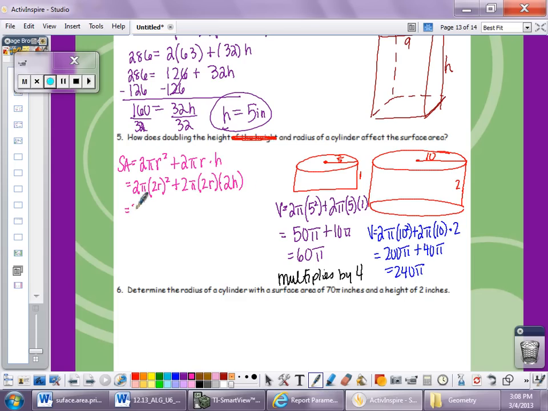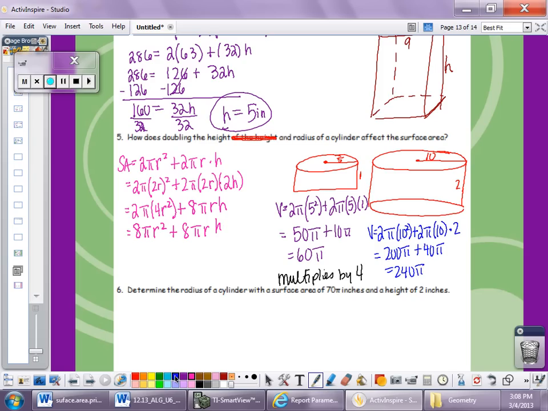So this gives me 2 pi, and this is the quantity squared, so it will be 4 pi r squared times 2h, plus 2 times 2 times 2 gives me 8 pi r h.